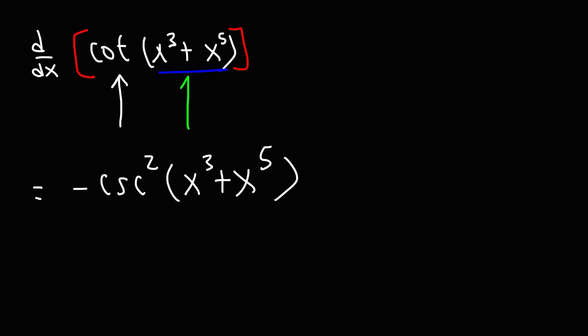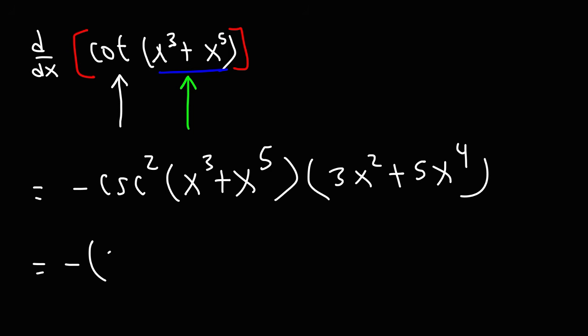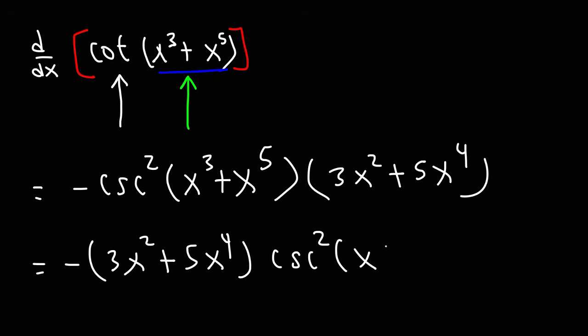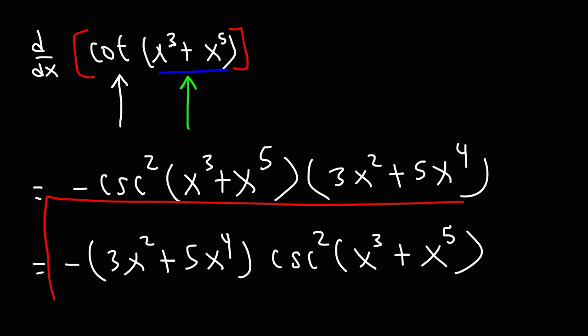Next, we need to find the derivative of the inside angle. The derivative of x cubed is 3x squared, and the derivative of x to the 5th is 5x to the 4th. And so I'm going to leave the answer like that, but if you want to rewrite it, you could say negative 3x squared plus 5x to the 4th power times cosecant squared x cubed plus x to the 5th power. So that's the answer for this example.